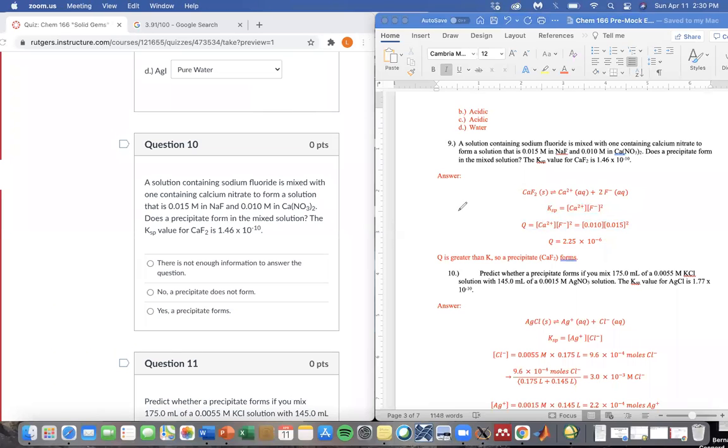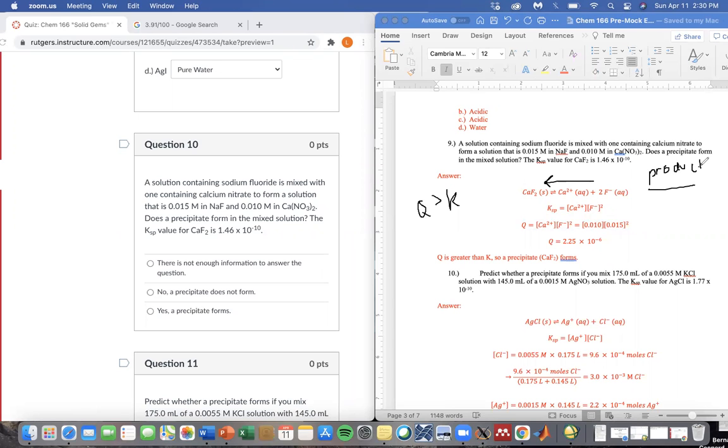And if you remember, if Q is greater than K, you'll proceed towards your reactants. Hopefully that makes sense, because if you remember your K expressions, it goes products over reactants.